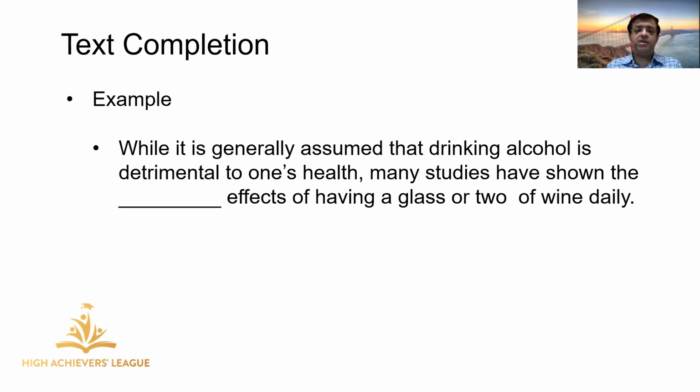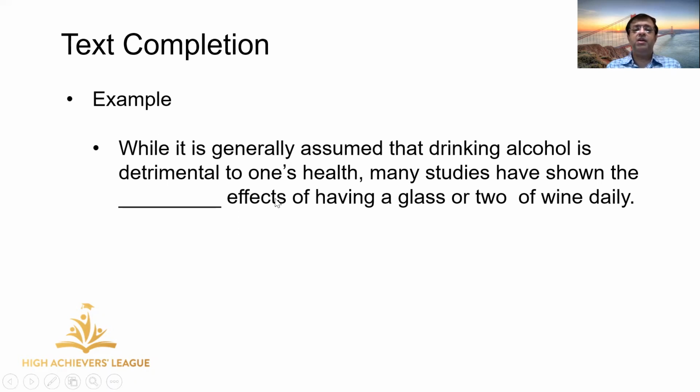In the first sentence, the direction is towards the fact that drinking is detrimental to one's health. But the trigger word, while, shows that the second part of the sentence will not follow the first part. In the second part, it says many studies have shown the dash effects of having a glass or two of wine daily.